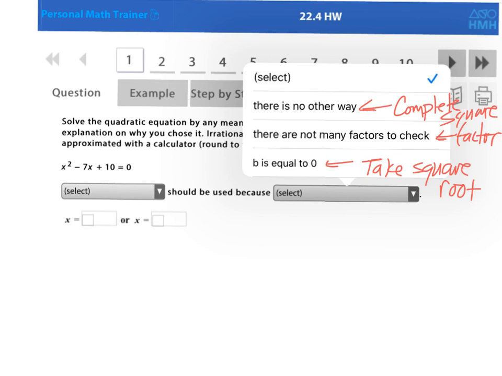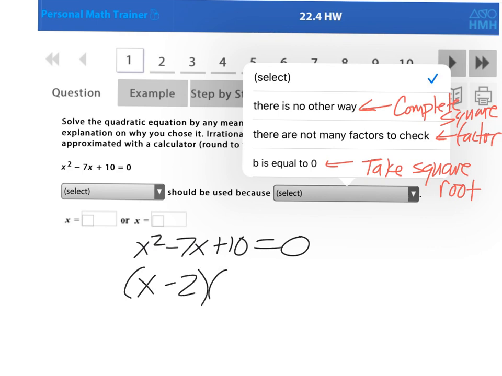So let's take this particular problem, x squared minus 7x plus 10 equals 0. Factors of 10 that add to give me negative 7. That would be negative 2 and negative 5. So x minus 2, x minus 5.